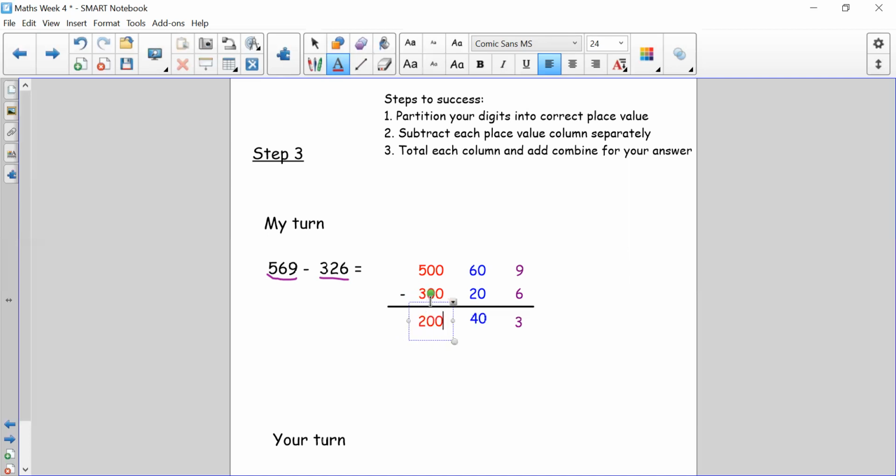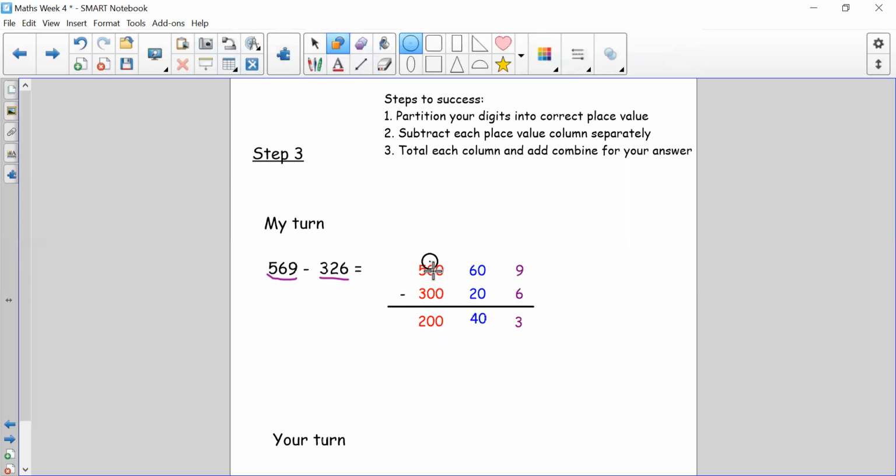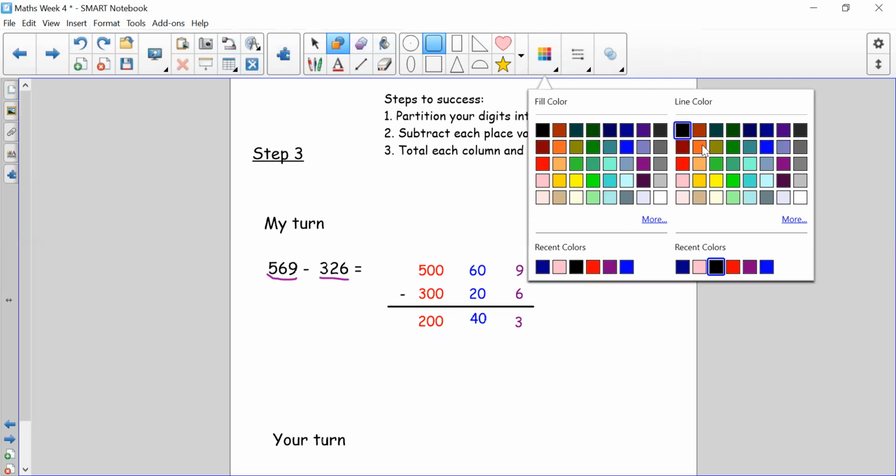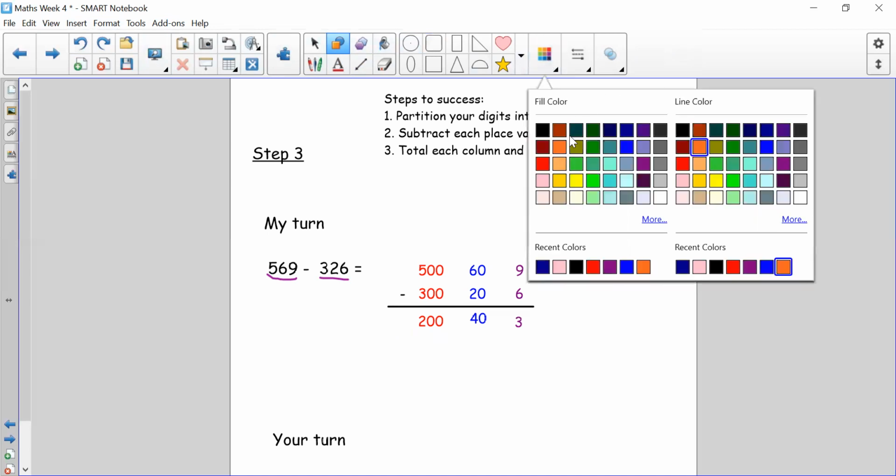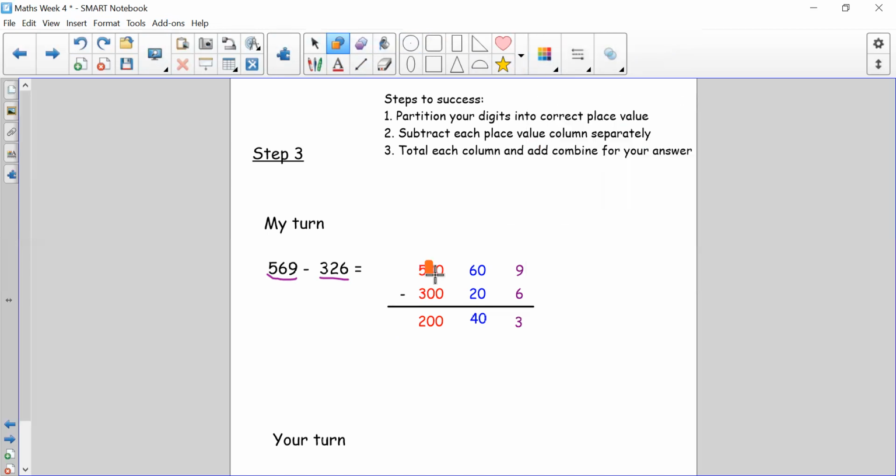Okay, so what you can do is cover up your zeros. If I cover up my zeros there, I can see that 5 take away 3 is 2.